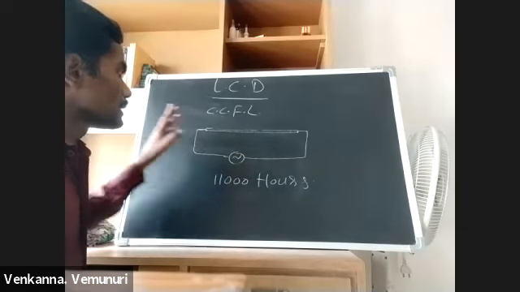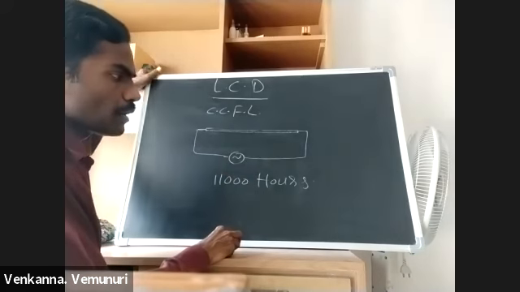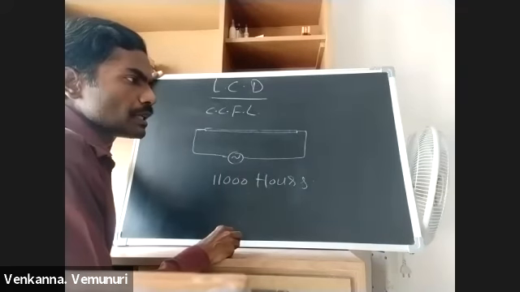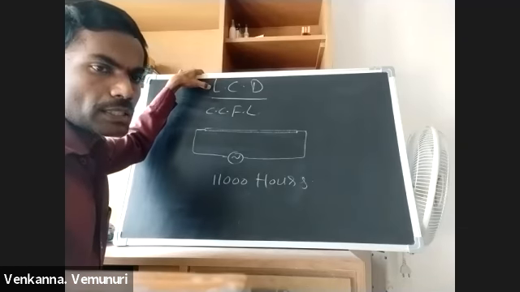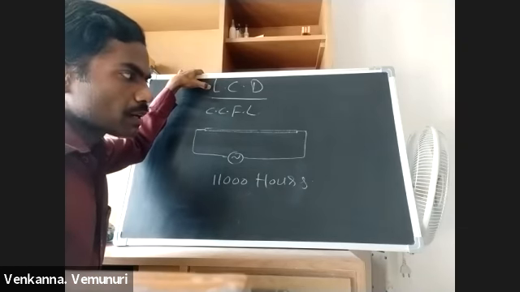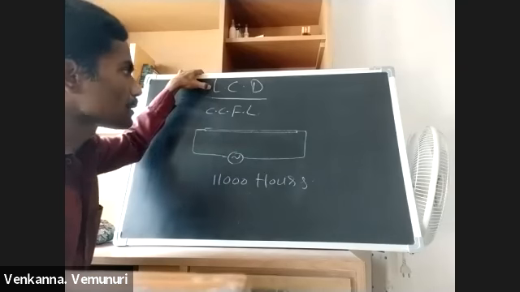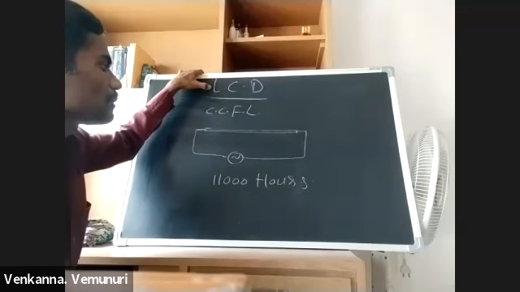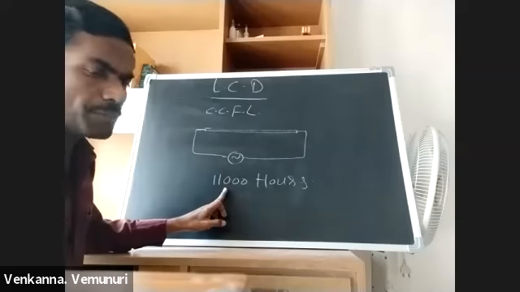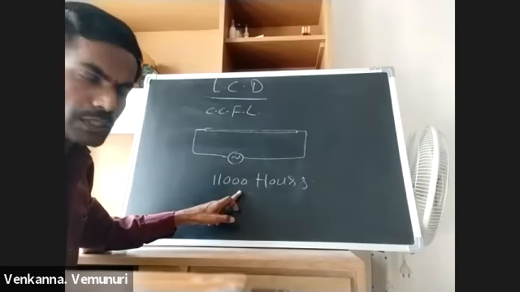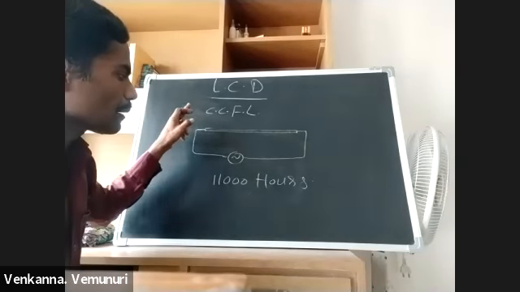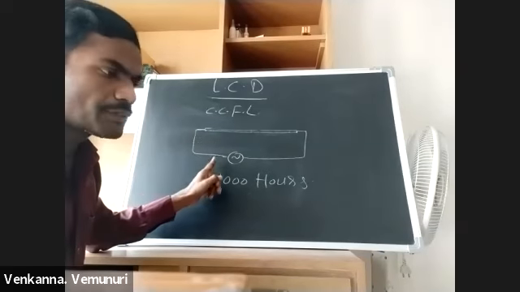But this is an LCD monitor. Why are many companies stopping manufacturing of LCD monitors? Because in the LCD monitor they are using a CCFL lamp. The CCFL lamp life is very short, 11,000 hours, and this CCFL lamp works with AC voltage.